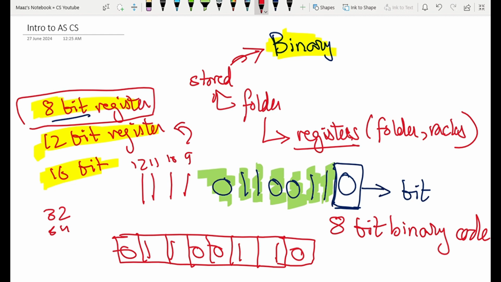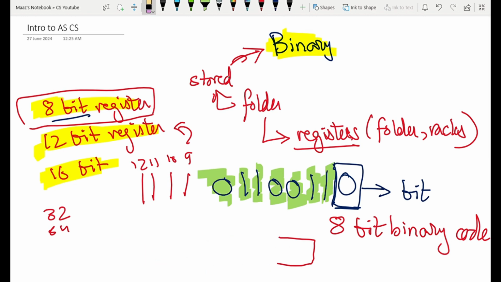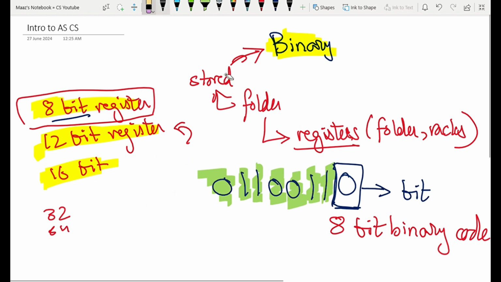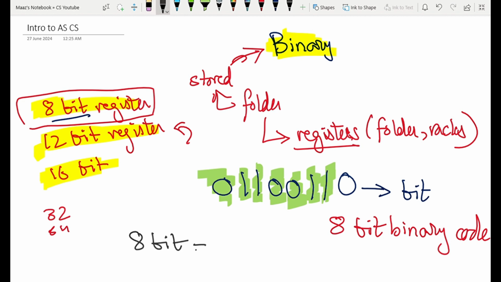Now, one common thing, something maybe even new for the A-level content, which the majority of students aren't aware of, is that they very well know that this is an 8-bit register, right? Many students usually know that, but they don't know one other thing. An 8-bit register is equal to 1 byte, right?